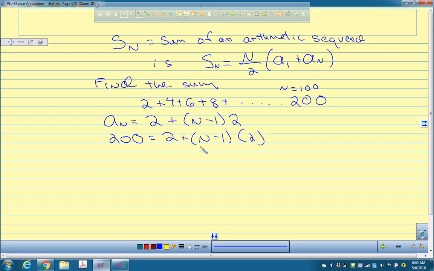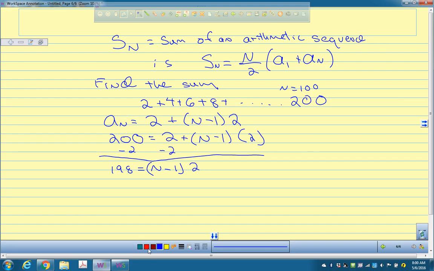If I solve this for n, the first thing I would do is subtract 2 from both sides, and I get 198 equals n minus 1 times 2.